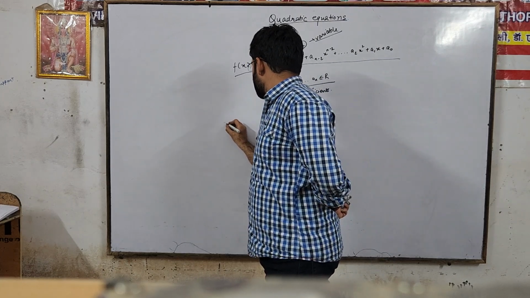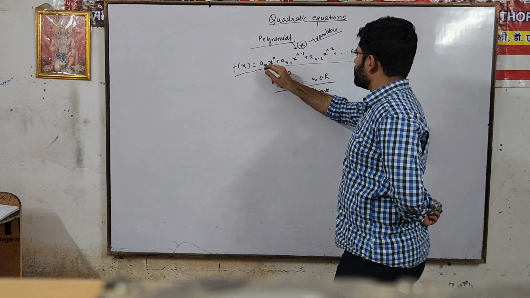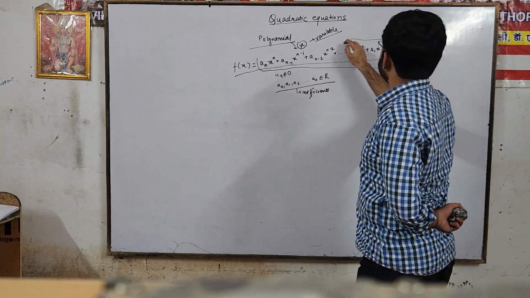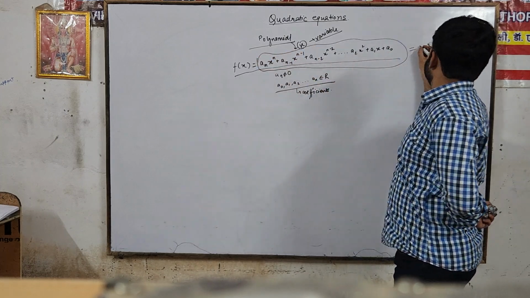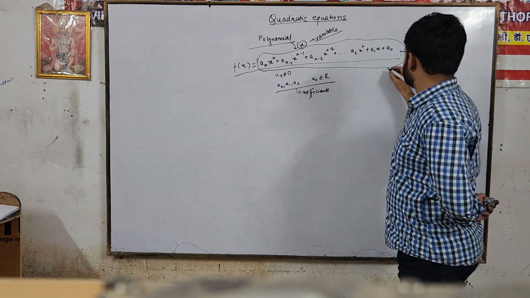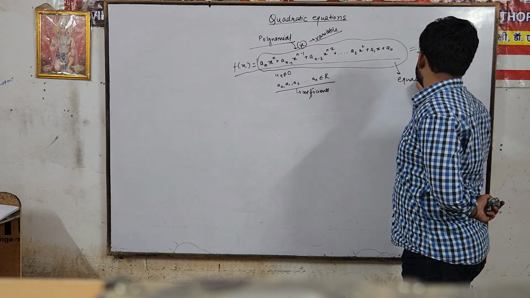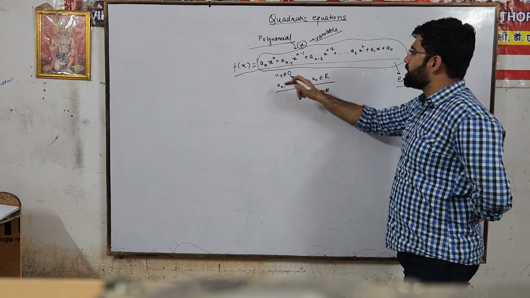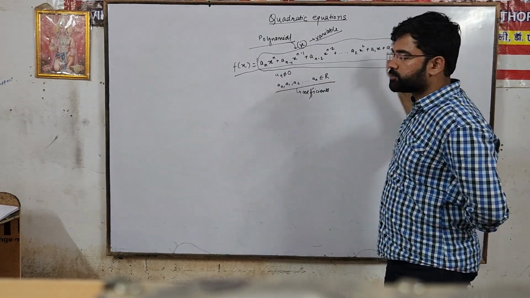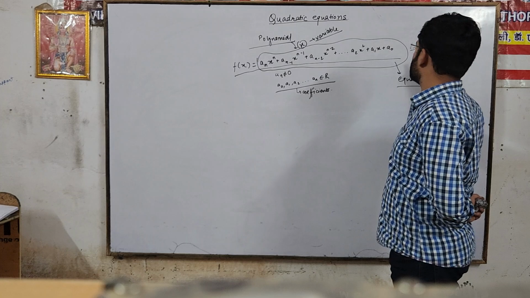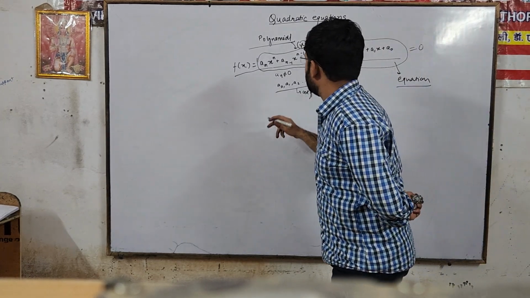When you equate this entire expression equal to 0, it becomes an equation. So right now, before equating it to 0, this was a polynomial, and now when you equate it to 0, it becomes an equation.